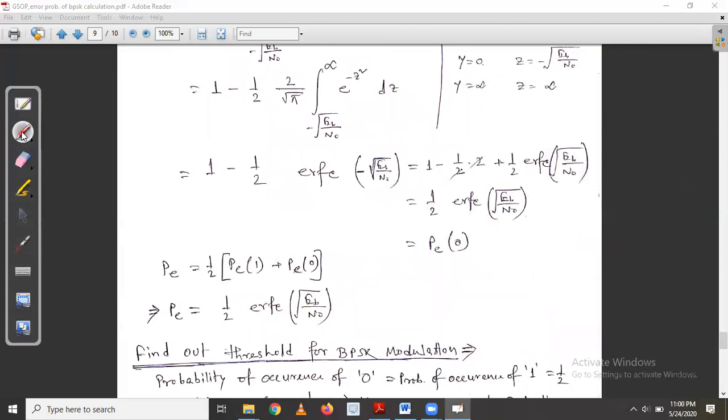Actually, we have done this same thing. Okay. Now using some property of ERFC, finally we will get this one, which is nothing but probability of error for 0 also. So average probability of error is this one. Now, suppose bit 0 is transmitted and 1 is received, same derivation. 1 is transmitted, 0 is received, almost the same derivation. Okay, and already we have done the same thing in the last class.